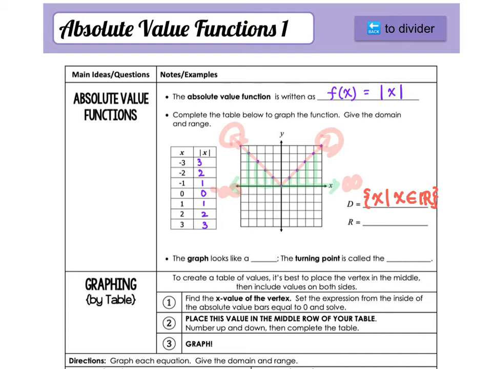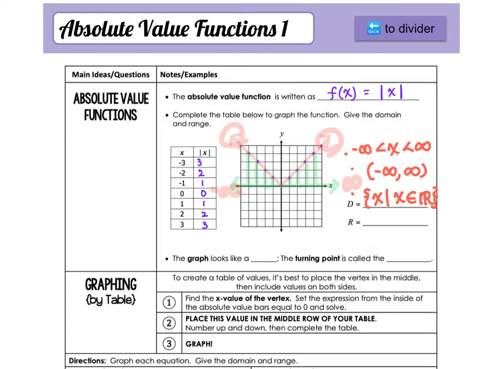If I'm writing interval notation, that should be negative infinity to positive infinity. If I'm writing algebraic inequality notation, x should be greater than negative infinity and less than positive infinity. So I'm just showing all different examples of how you can write in different notations.